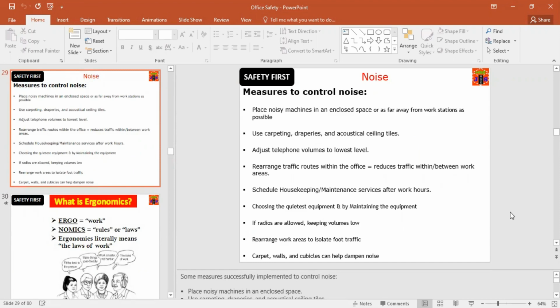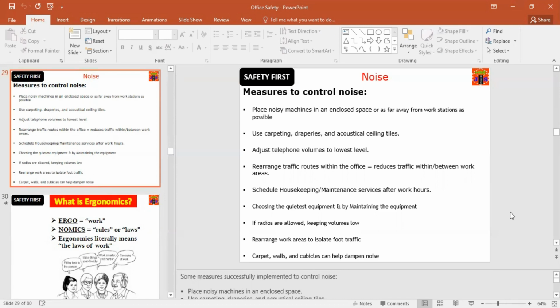Place noisy machines in an enclosed space or as far away from workstations as possible. Use carpeting and acoustical ceiling tiles. Adjust telephone volumes to the lowest level. Rearrange traffic routes within the office to reduce traffic within or between work areas.